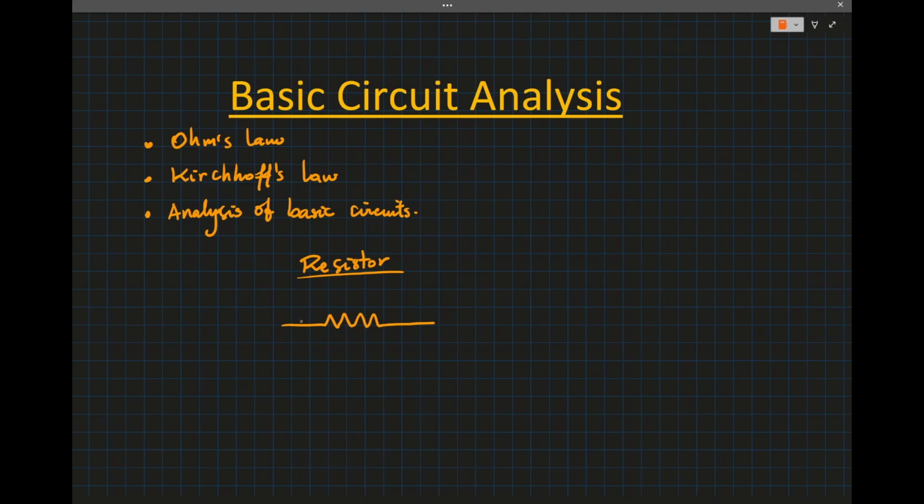And the current through it, let's label the current i, and the voltage across it I'll call V_R, or v of t at time t, and the value of this resistance is R. The voltage and the current are related by this algebraic equation given by v of t equals R i of t.